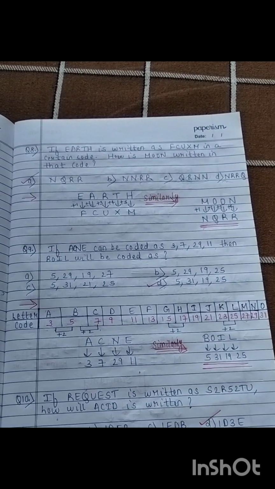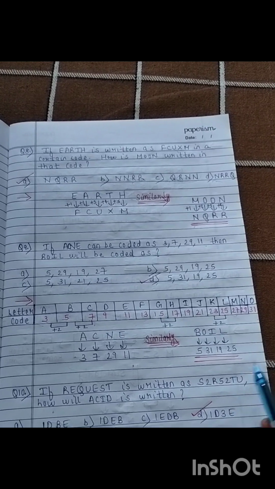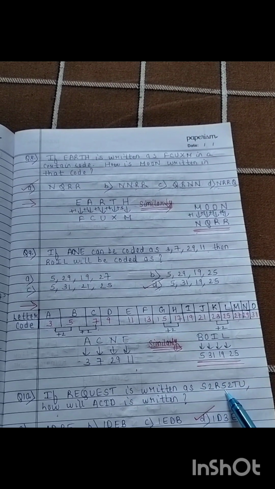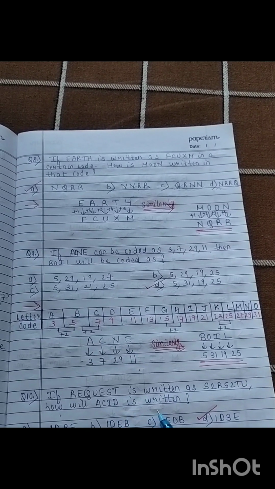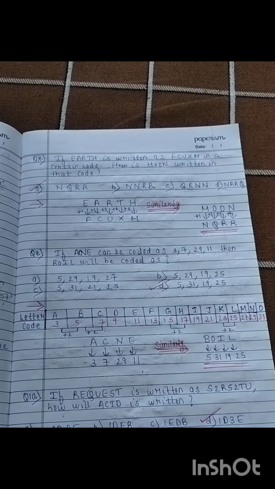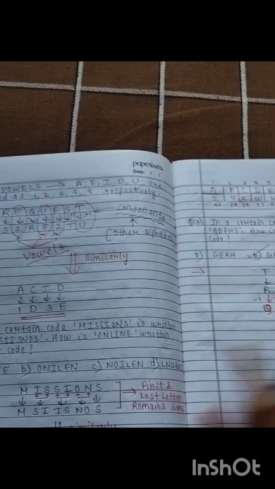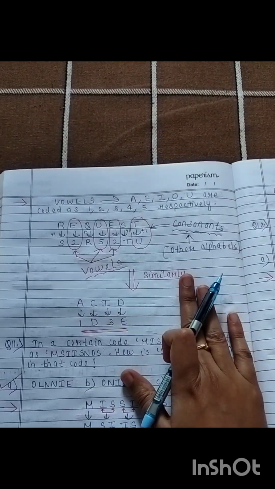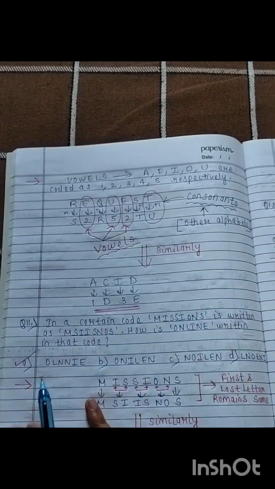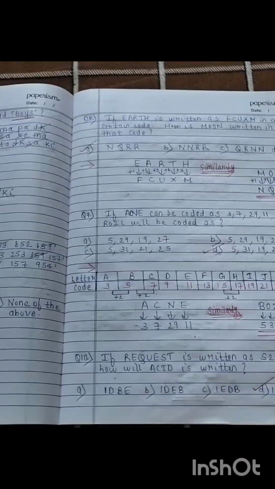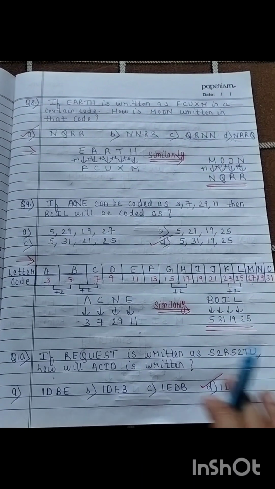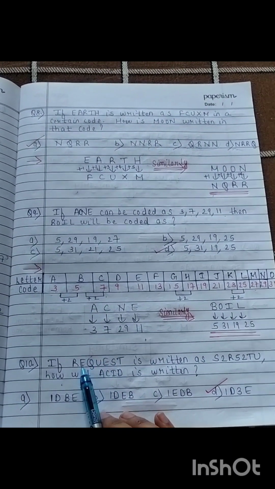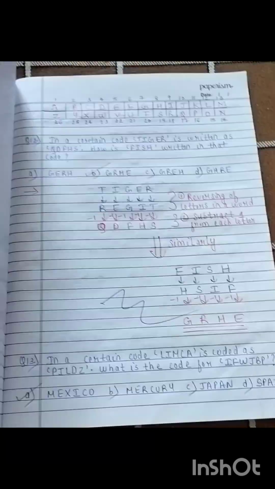Next set of question. If REQUEST is written as S2R52TU, how will ACID be written? These are the four options given to you. In this, you need to focus: after R, what comes?